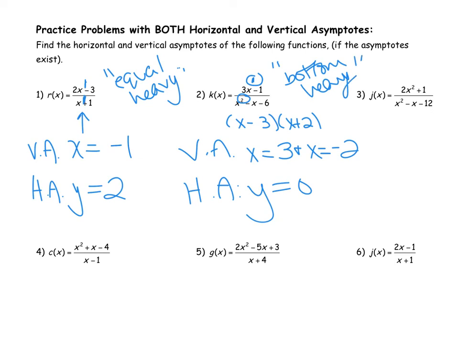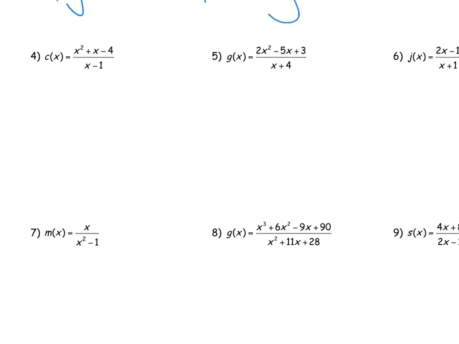Okay, so let's look at example number 4. All right, so for example number 4, again, we want to take a look at those vertical asymptotes. So I'm just going to write in, the vertical asymptote is going to be whenever this thing is equal to 0. So that's when x is going to equal 1. Now I have to take a look at my horizontal asymptote.